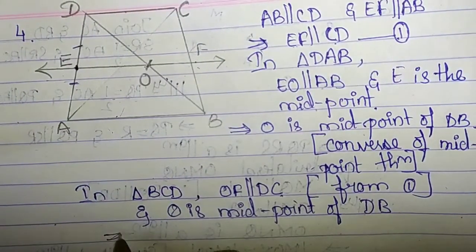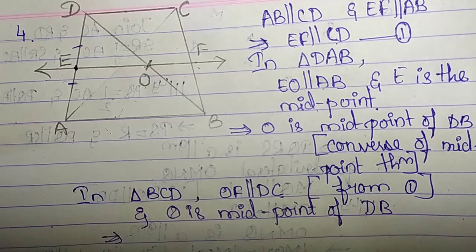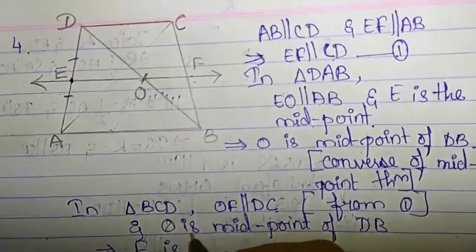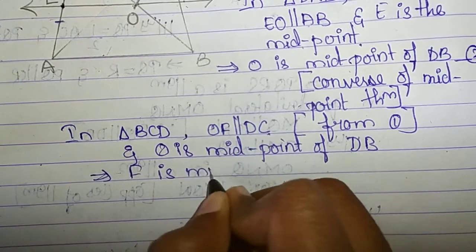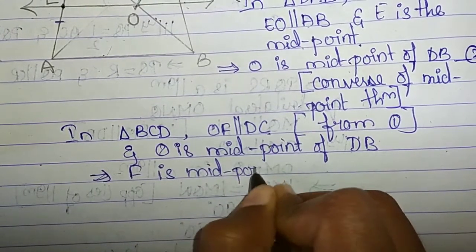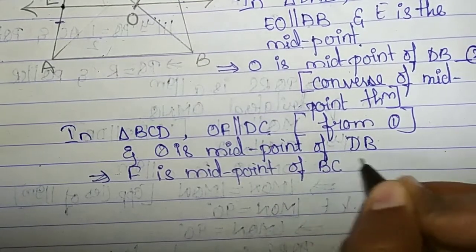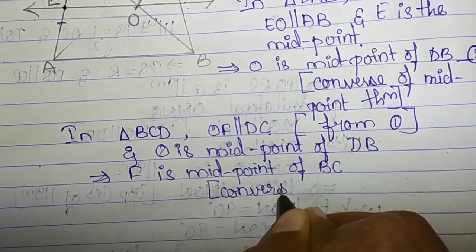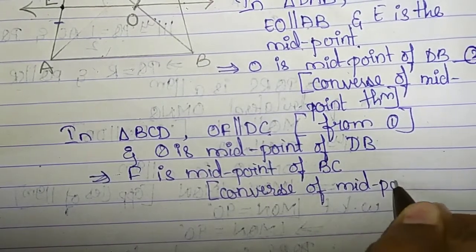So this implies, using the same arguments as before, that is by the converse of the midpoint theorem, we will get F is the midpoint of side BC.